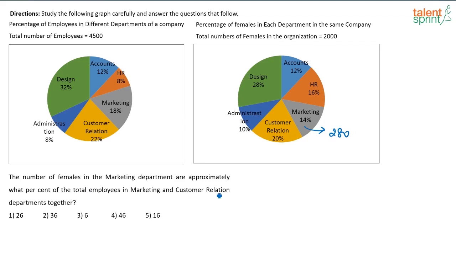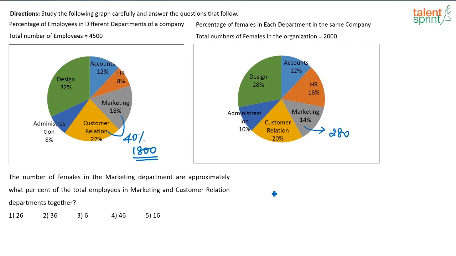Now, what is the total number of employees in marketing and customer relation put together? 18 plus 22, that is 40% in marketing and customer relationships together. Now, what is 40% of 4,500? 40% of 4,500 is 1,800. So 1,800 employees are there in marketing and customer relationship together.